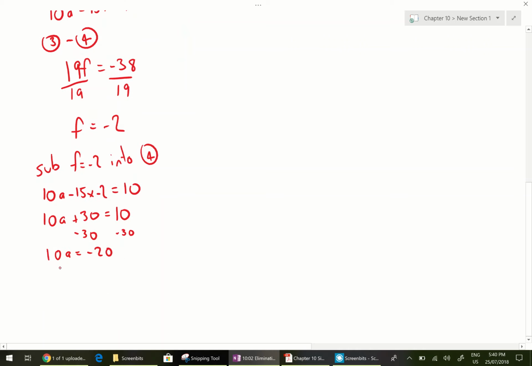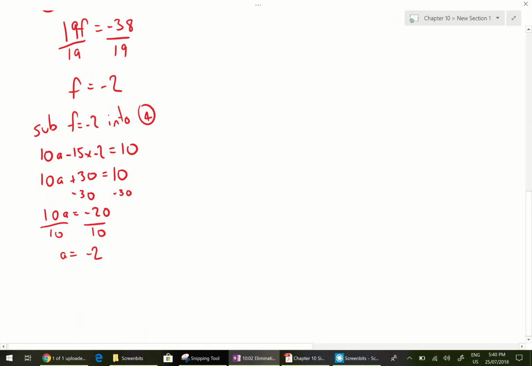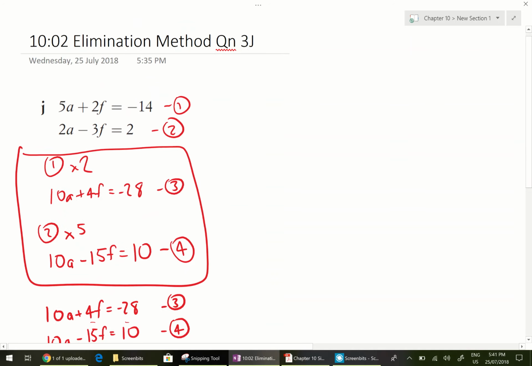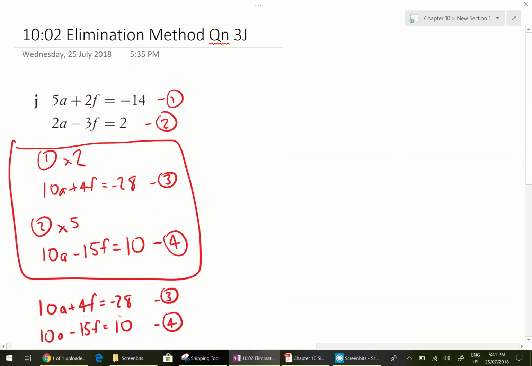And then divide both sides by 10. A is going to equal negative 2. So both a and f equal negative 2. And that's the solution for question 3J.